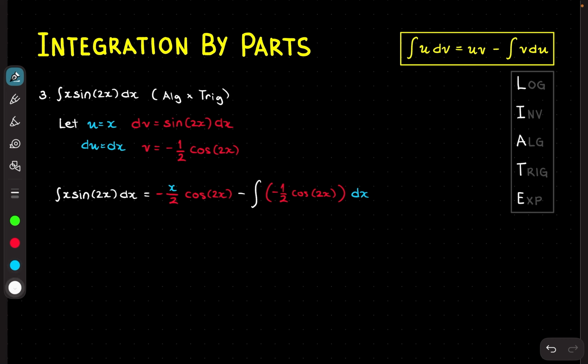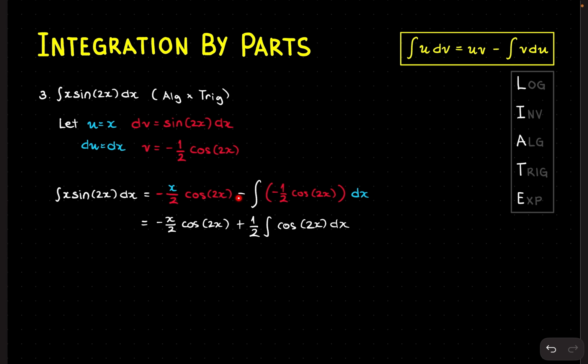Then let's just simplify things. Simplifying, we'll obtain negative x over 2 cosine of 2x plus 1/2 integral of cosine 2x dx. So basically I combined the negatives here and just factored out the constant in the integral.